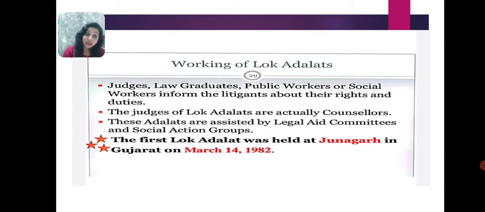So these public workers or social workers inform the litigants about their rights and duties. In our country, in India, many common people, even we ourselves, don't know the basic rules at the ground level.